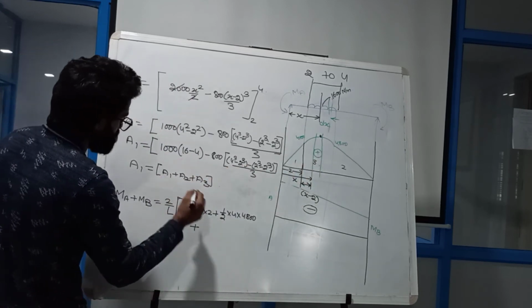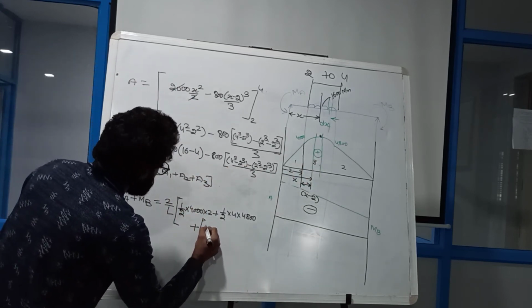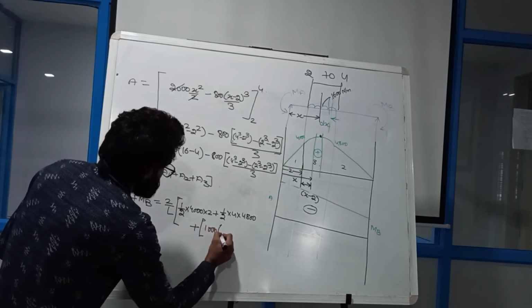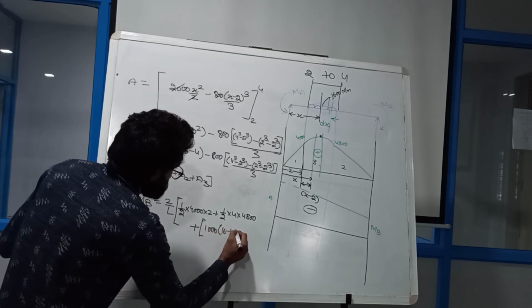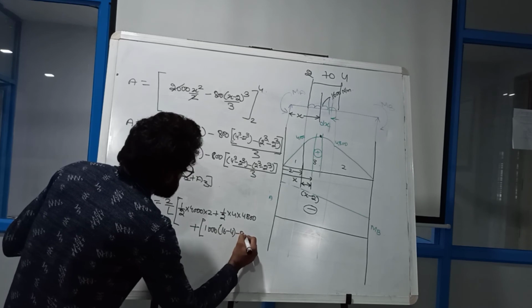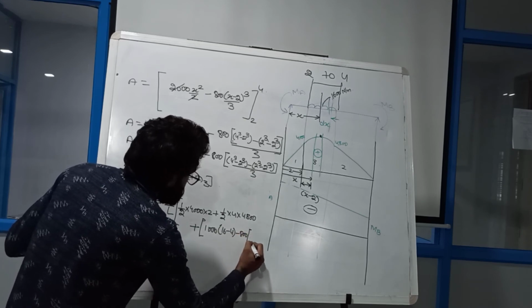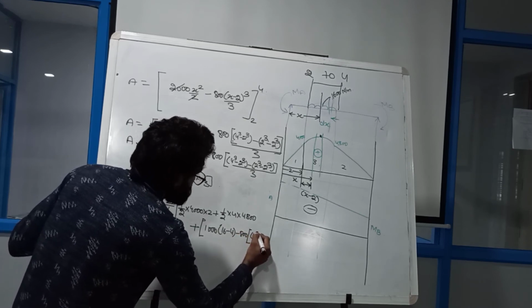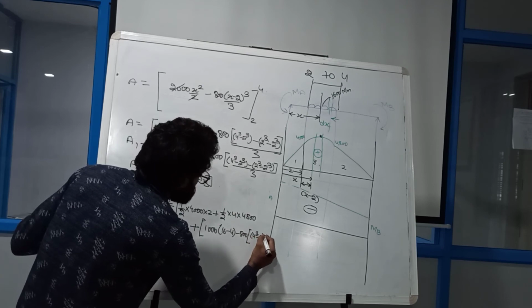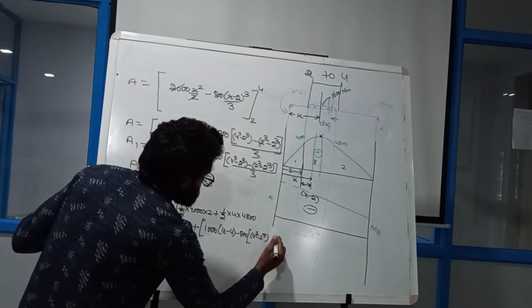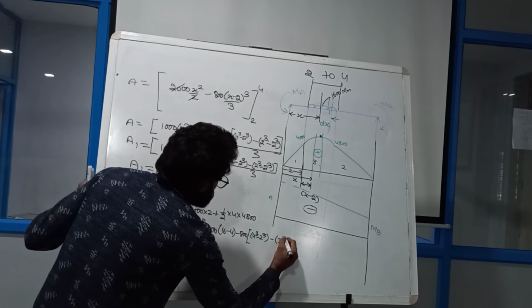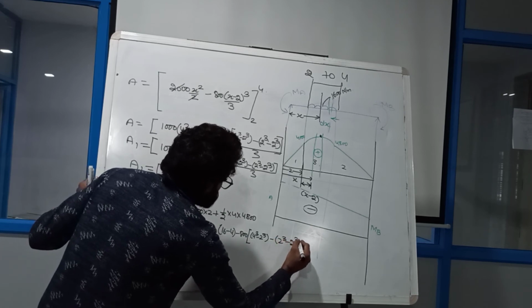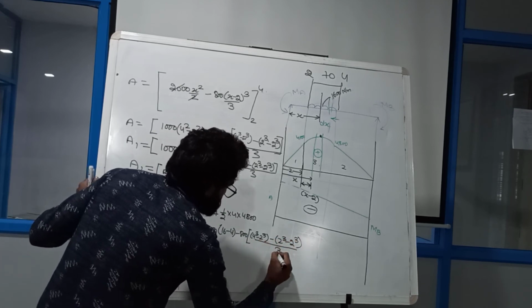What is the value I got for this particular part? 1000 into 16 minus 4, minus 800 into 4 to the power 3 minus 2 to the power 3, minus 2 to the power 3 minus 2 to the power 3, divided by 3.